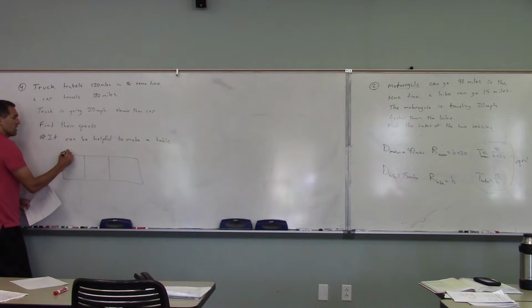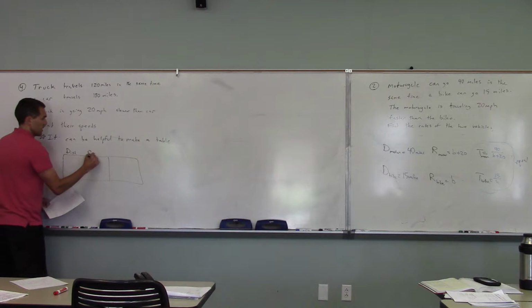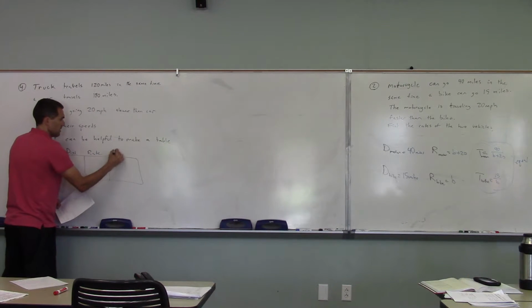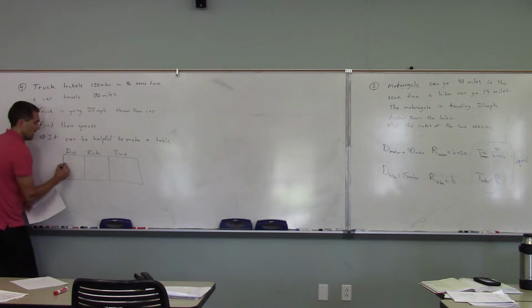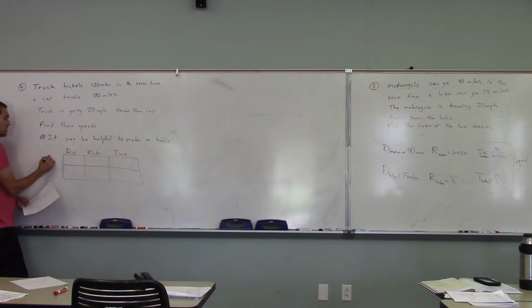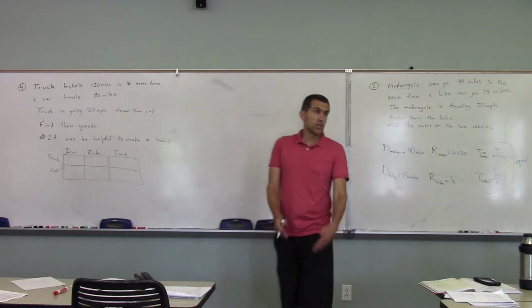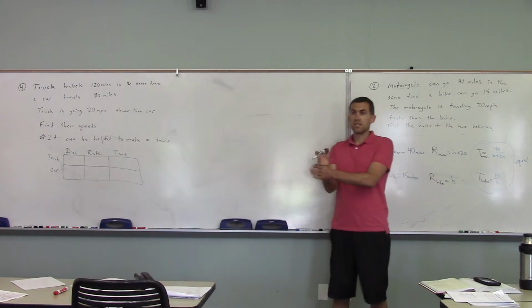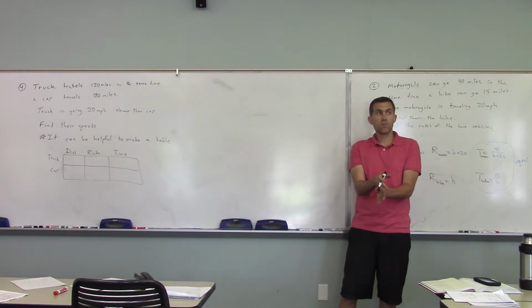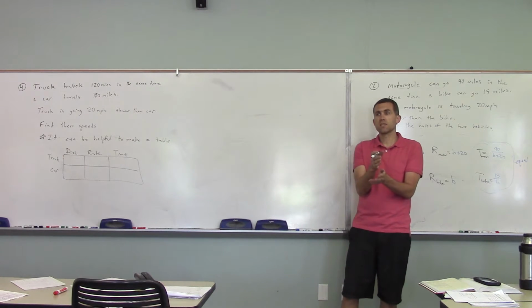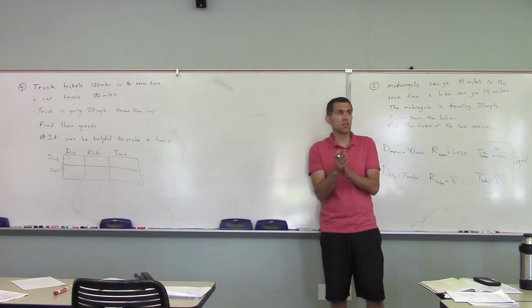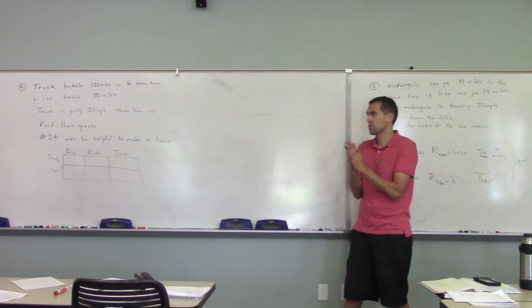So I would say, okay, here's my distance, here's my rate, here's my time, and here's my whatever it is. In this case, it's a truck and a car, alright? Now in general, we're gonna find out for distance and rate what information we have, and then time is gonna be some fraction with x's on the bottom, or whatever variable you use.